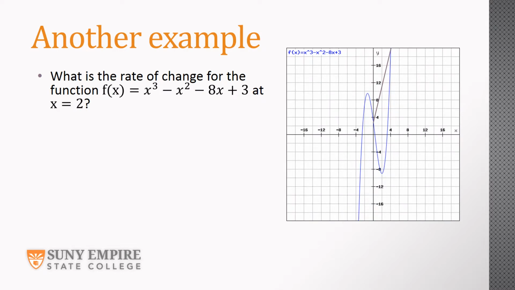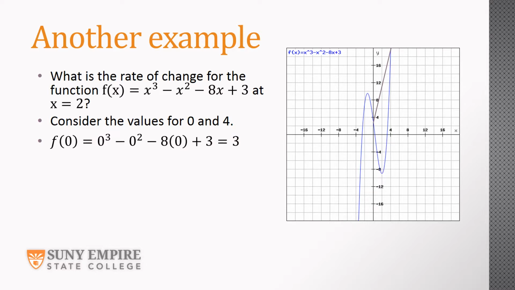Suppose we have the function f of x equals x cubed minus x squared minus 8x plus 3, and we want to find the rate of change when x is 2. As we did in the previous example, we will try to find this rate by finding the slope of the secant line for points 2 units away from the target x value. In this case, we will use 0 and 4 for our x values.